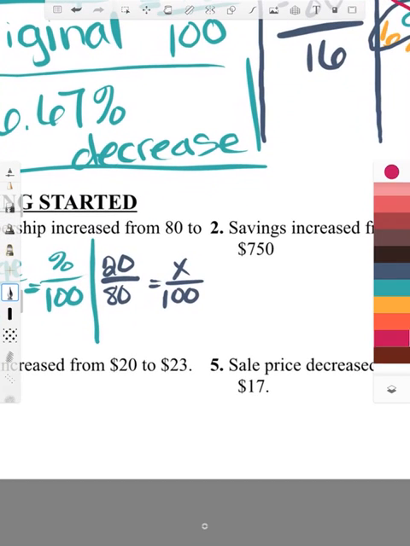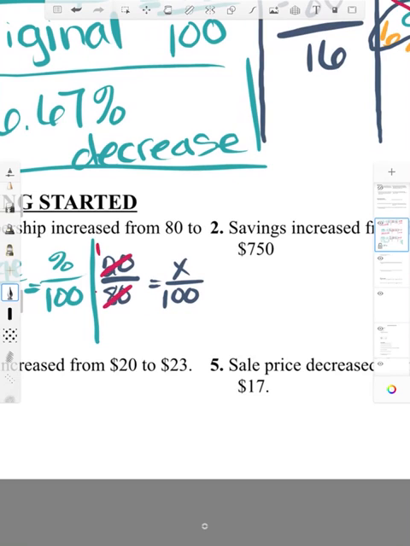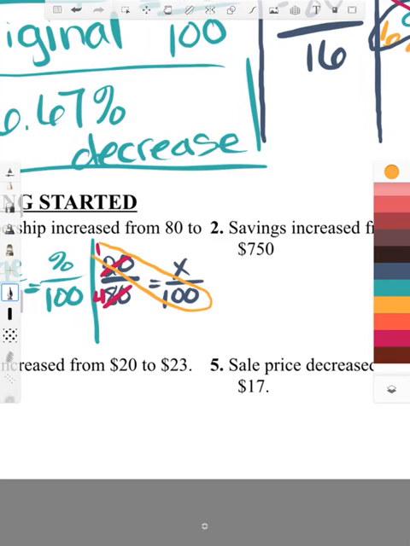I know I can simplify it because 20 goes into 80 4 times. 20 becomes a 1, 80 becomes a 4. And now you could cross multiply. 1 times 100, and then 4 times X. 4 times X is going to get you 4X. And then 1 times 100 is going to get you 100.